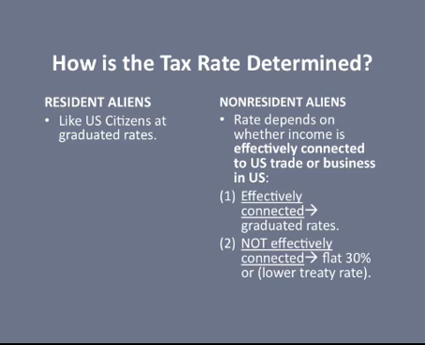Income that is effectively connected to a U.S. trade or business is taxed at graduated rates, according to taxable income and filing status. So basically as the resident alien income is taxed. However, income that is not effectively connected is taxed at a flat rate of 30%. In some cases, this flat rate can be reduced by tax treaties.